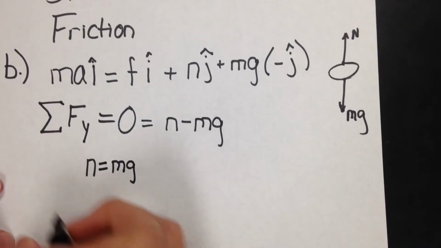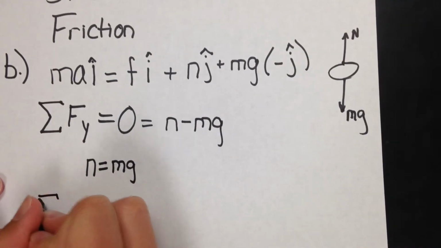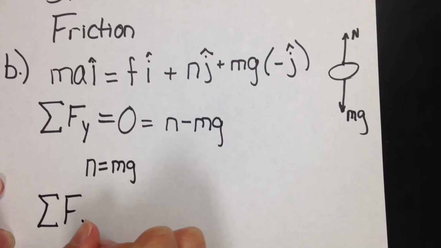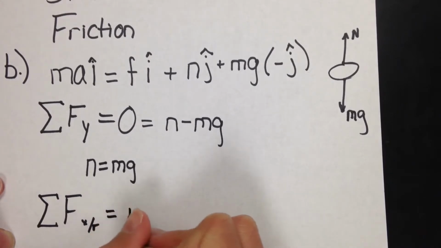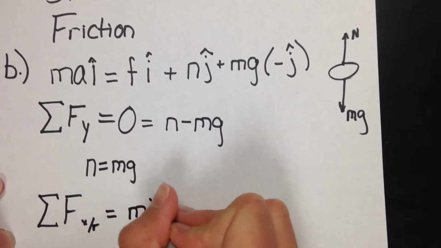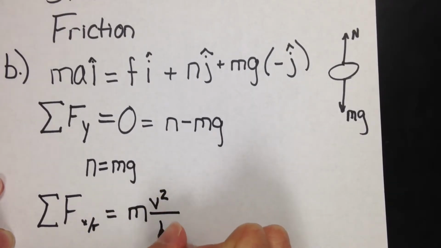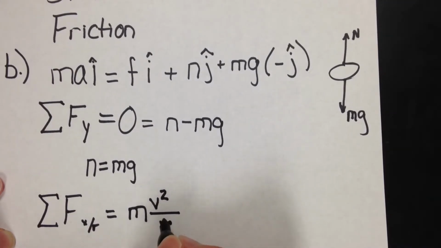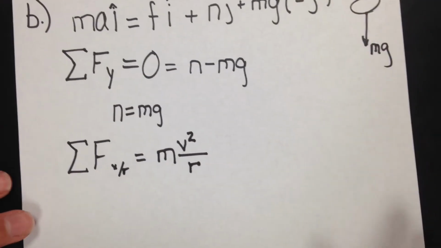And then the next thing we're going to do is find the total forces in the x direction, or r, I guess, if you want to use r, equals m v squared over r. And this is just the centripetal force equation. It's m times a, and centripetal acceleration equals v squared over r.